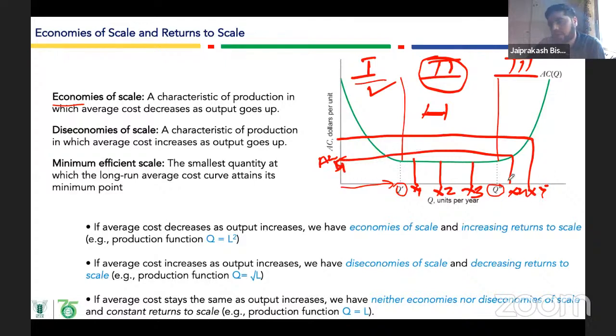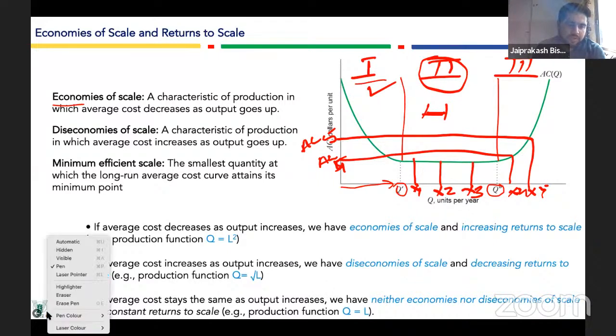To produce an extra unit of output in zone 3, you need additional cost AC5, which is more than your previous unit of cost which you have incurred. तो आपको एक्स्ट्रा यूनिट प्रोड्यूस करने के लिए यहाँ पे एडिशनल कॉस्ट पे करना पड़ रहा है जो बढ़ रहा है, आपको पिछली कॉस्ट से ज्यादा है. सो इन दिस केस this is your economies of scale has come into play. Okay, this economies of scale has come into the picture.